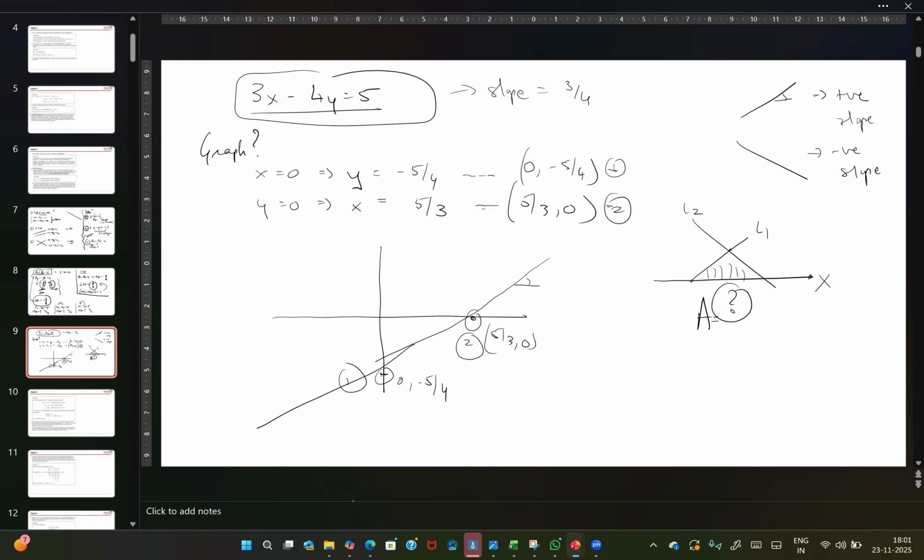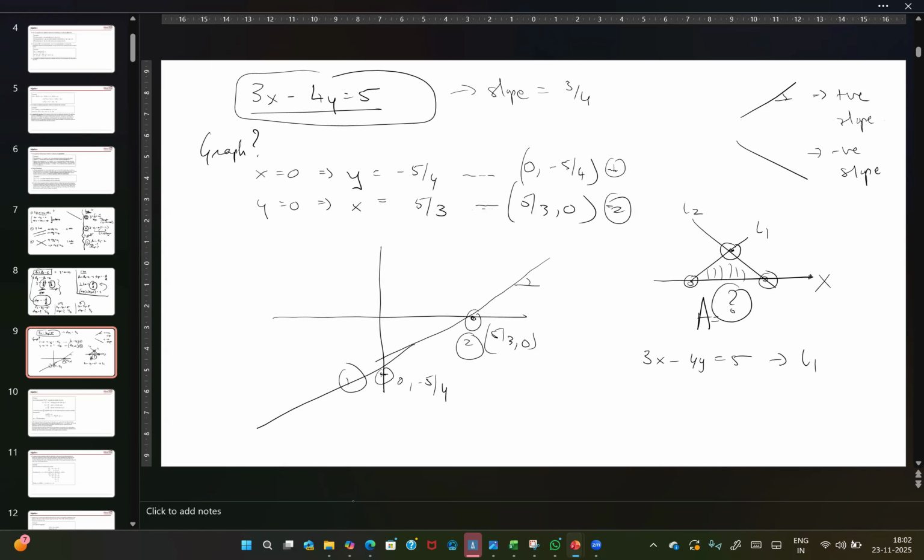So for finding anything which relates to the point of intersection, can I say there are 3 points of intersection here? L1, L2 is going to intersect. How do we find the intersection point of L1, L2? Suppose I give you 3x minus 4y is equal to 5. That is L1.